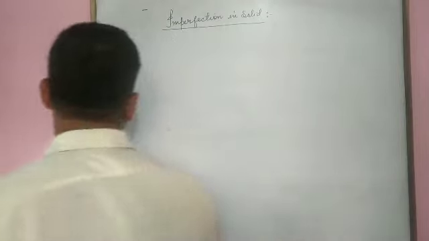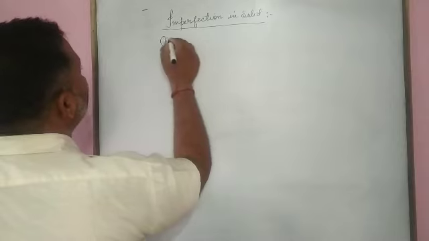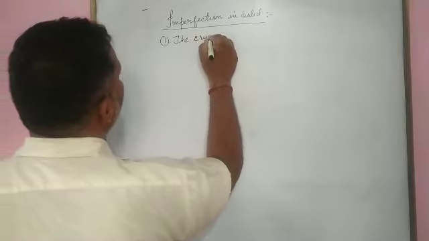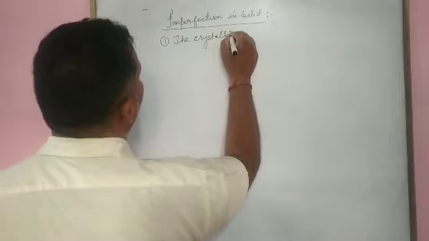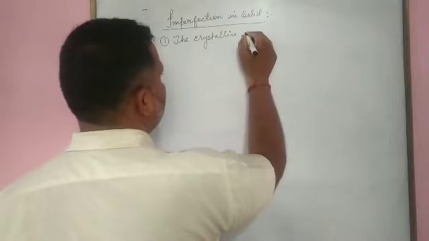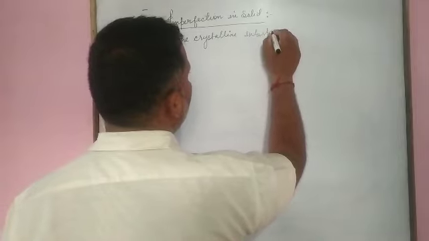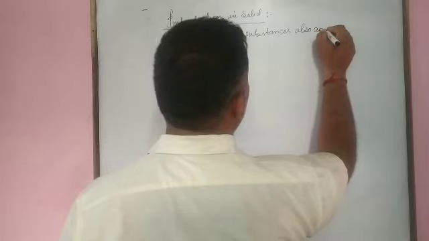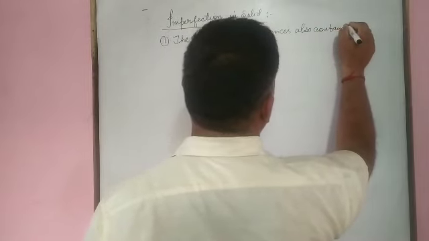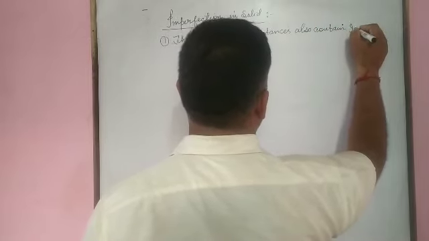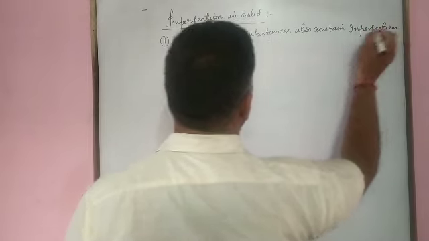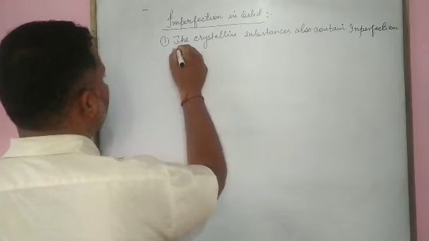So the first point is that crystalline substances also contain imperfection in them.